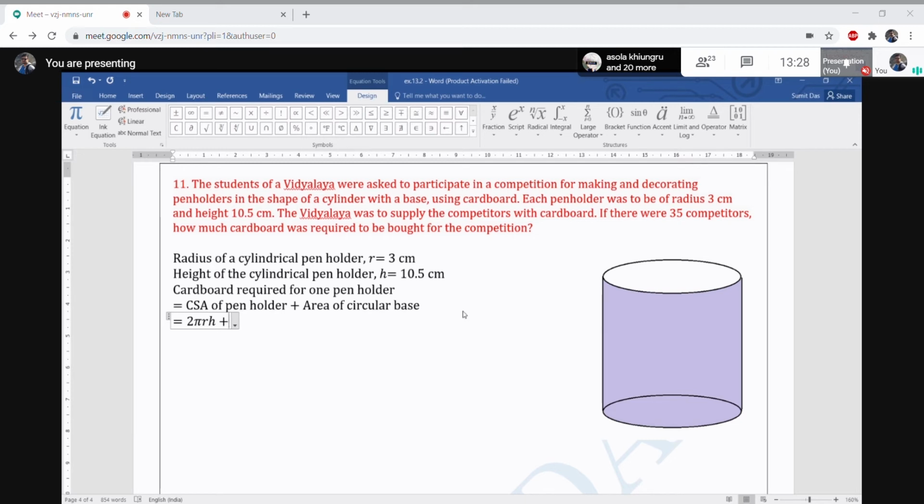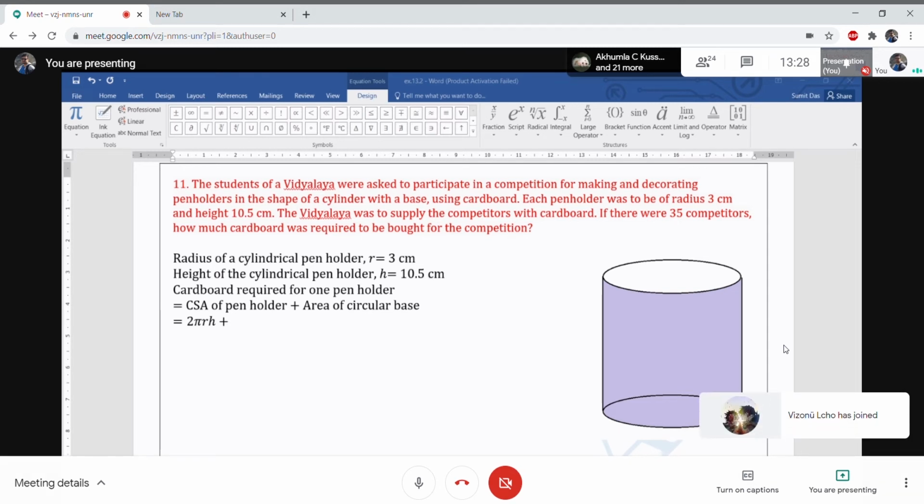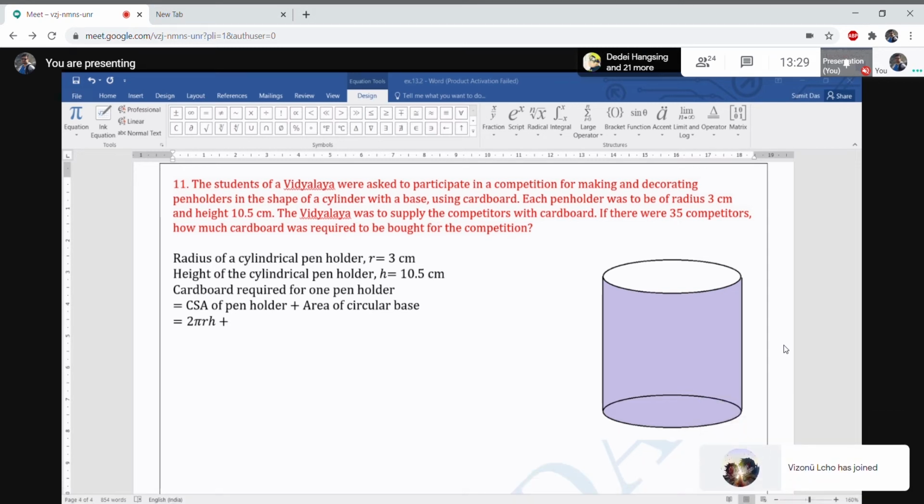Anyone can tell me what is the area of the circular base formula? I'm giving you 1 minute. What is the formula? I hope everyone can hear my voice clearly. Otherwise, always getting excuses like this.